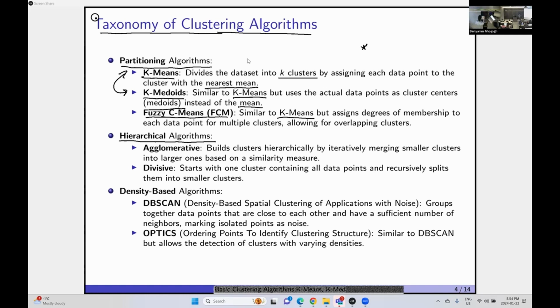Assume you have these data points. Initially, I say this is one cluster, this is one cluster, this is one cluster. Then I come one step ahead in the hierarchy. I say, by the way, these are closer to each other. So I see these as one cluster and these as one cluster. So start with many small clusters and then gradually merge them so you have a smaller number of bigger clusters.